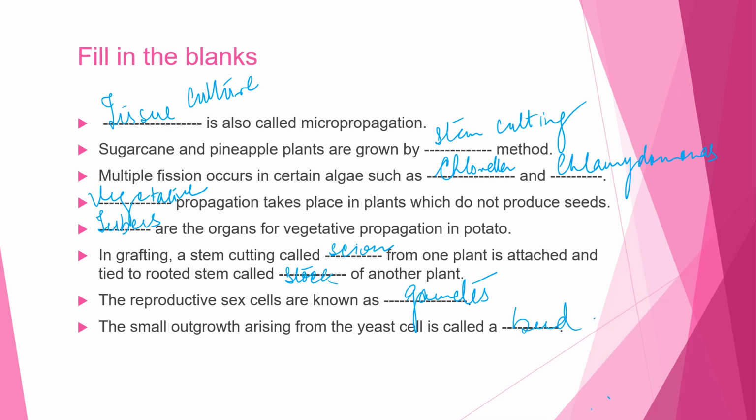Vegetative propagation takes place in plants which do not produce seeds. Tubers are the organs for vegetative propagation in potato. In grafting, a stem cutting called the scion from one plant is attached and tied to the rooted stem, that is called the stalk, of another plant. Now the reproductive sex cells are also called gametes and the small outgrowth arising from the yeast cell is called the bud. Let us move on to a few more fill in the gaps in the next part.